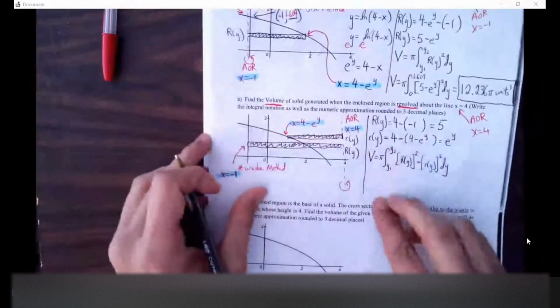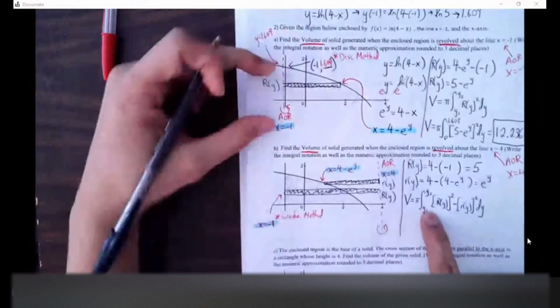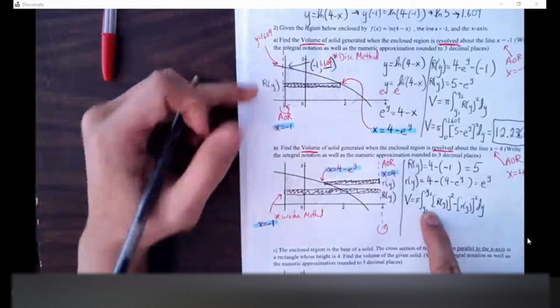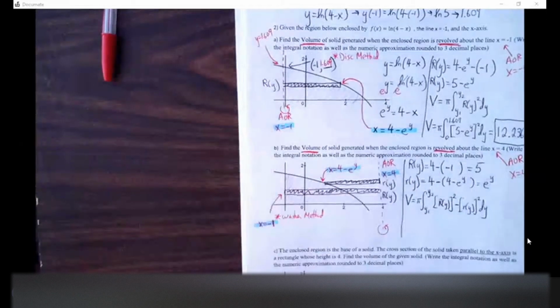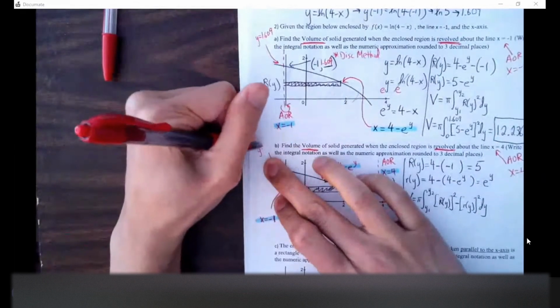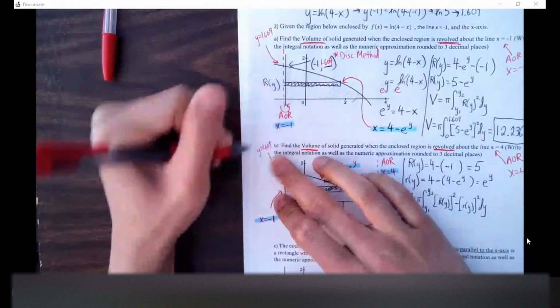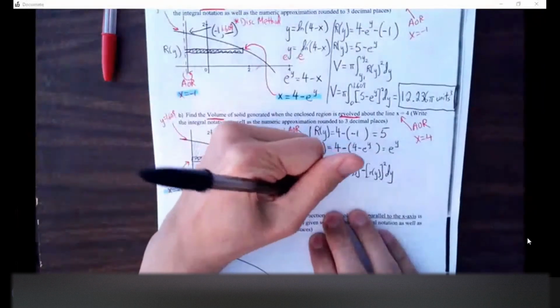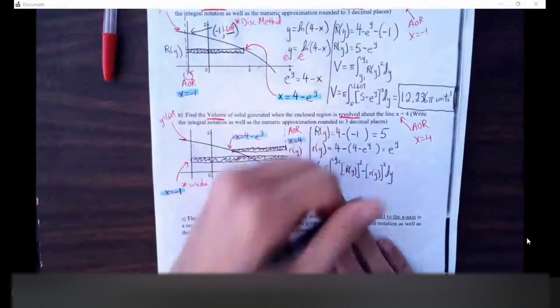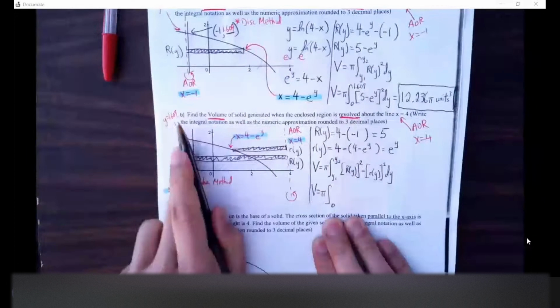Same orientation, same shaded region, so our bounds are going to be the same from part A, right? Lowest y value to highest y value, from 0 to 1.609. All right, lowest y value 0, highest y value.